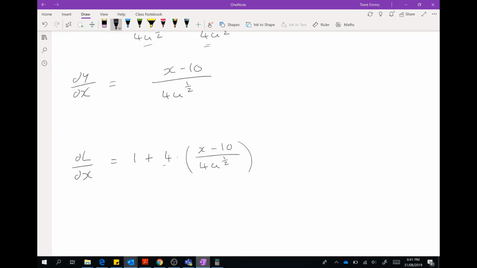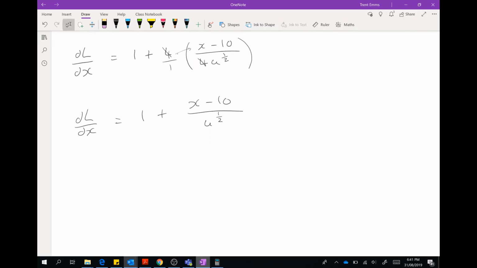And that's 4 over 1, so what we do notice there is that if I times that 4 through, they would cancel out. So we're left with dl by dx equals 1 plus x minus 10 over u to the power of 1 half.